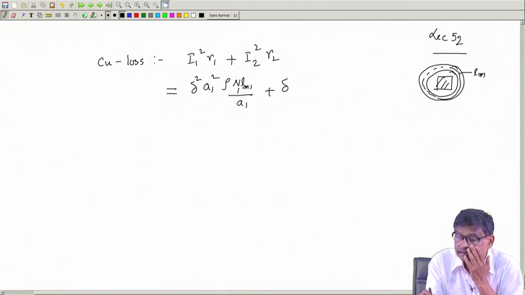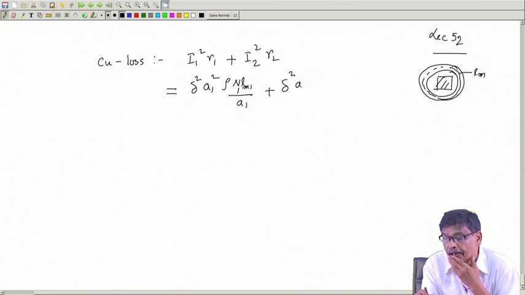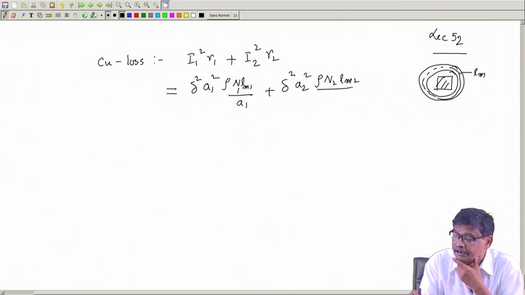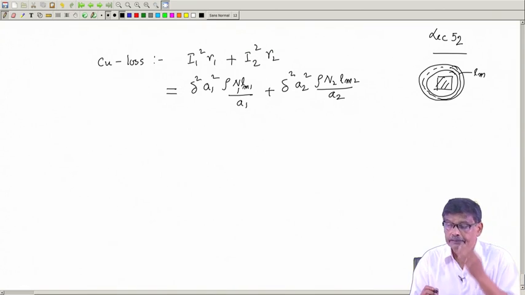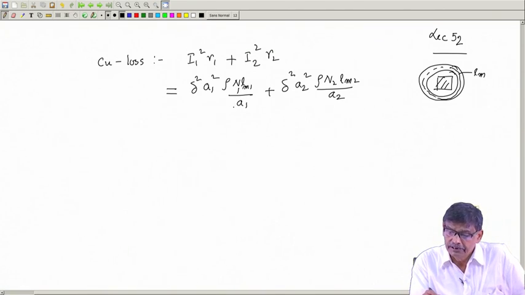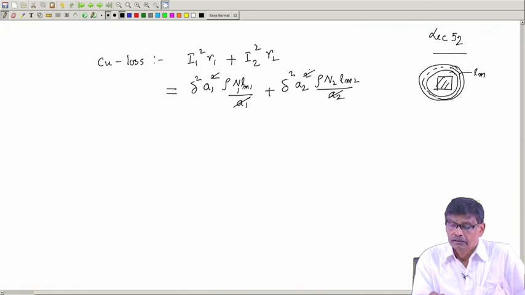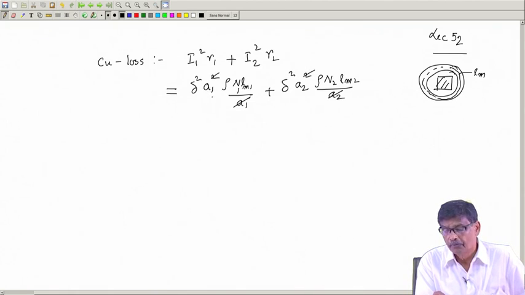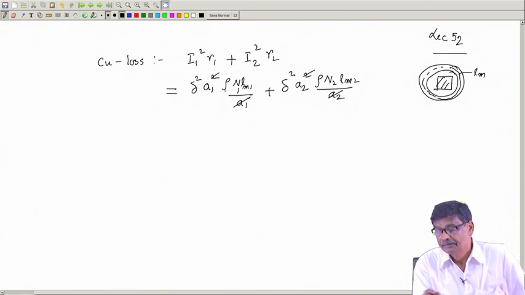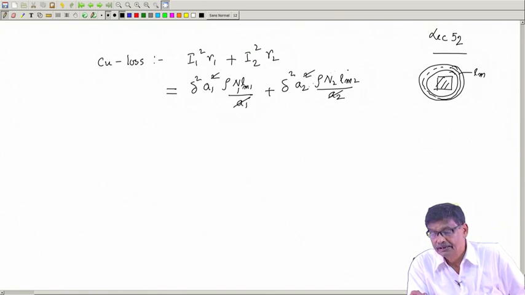Similarly, on the secondary side it will be delta square A2 square rho N2 Lm2, the mean length of the conductor, divided by A2. This is the thing. Now, you see one of these A's goes here. So, on the top what you have, physical dimension wise, is length into area, is not, here also length into area.